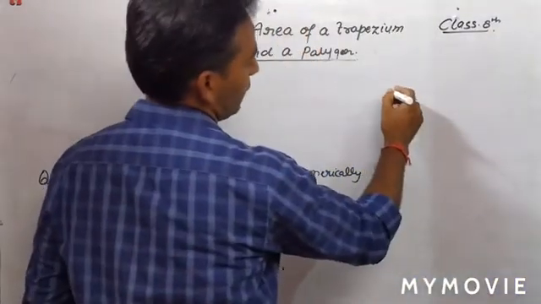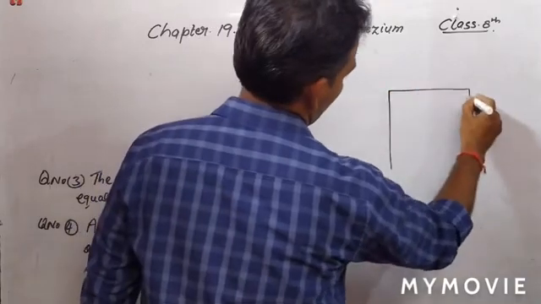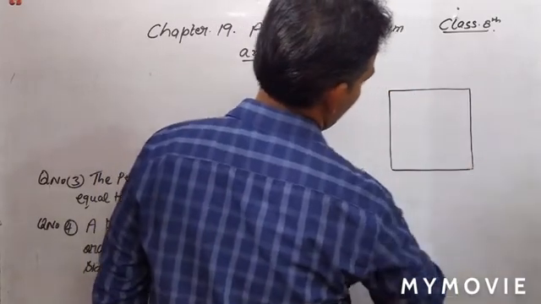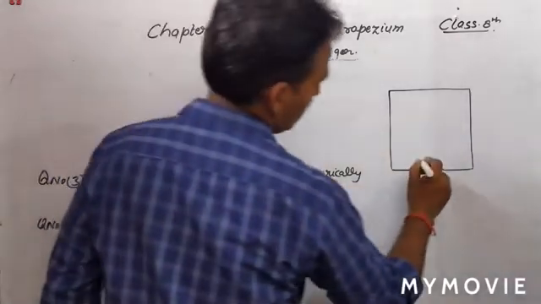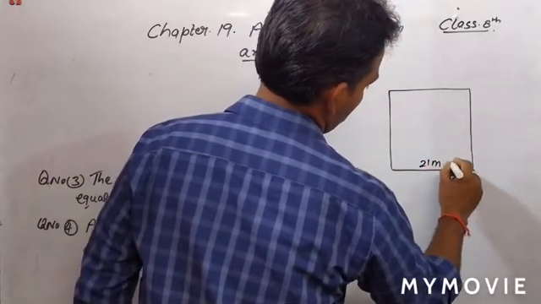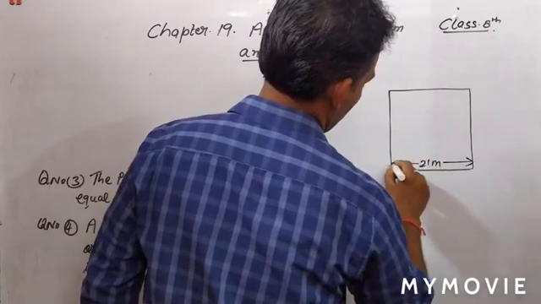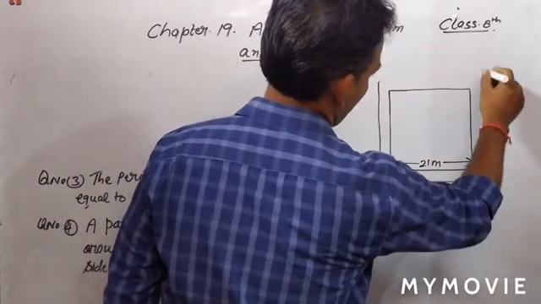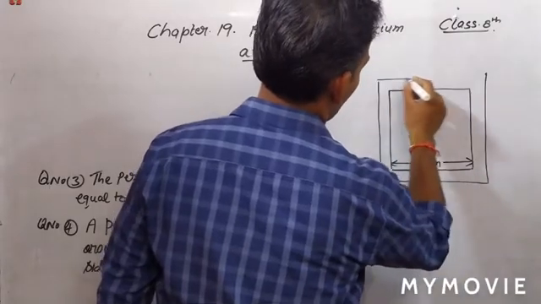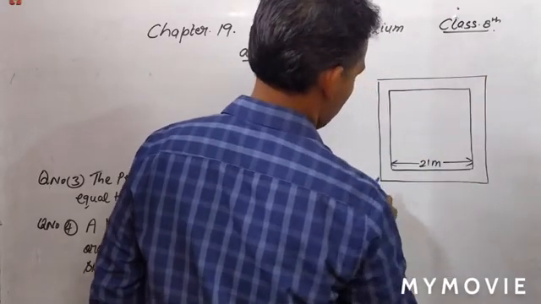We will have to draw one figure also for this question. One square field is given. The side of the square field is given 21 meter, and one path of 3 meter is running all around from the outside of this park.